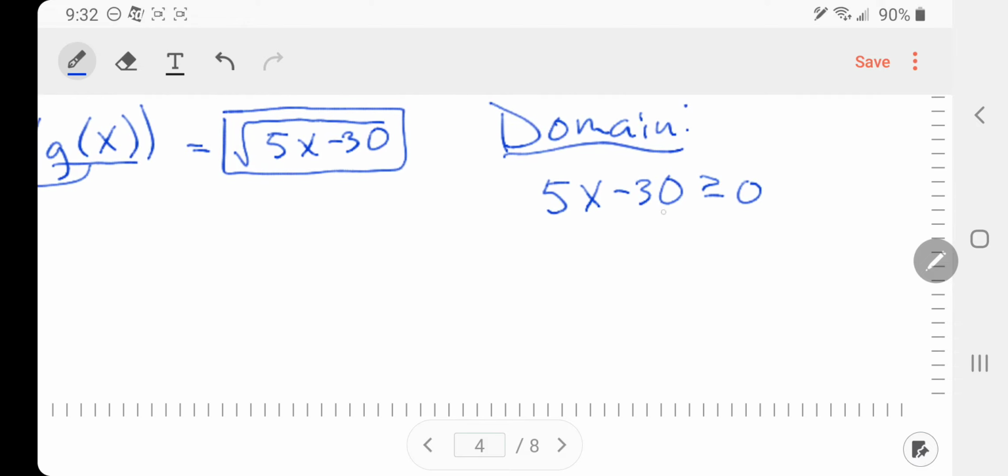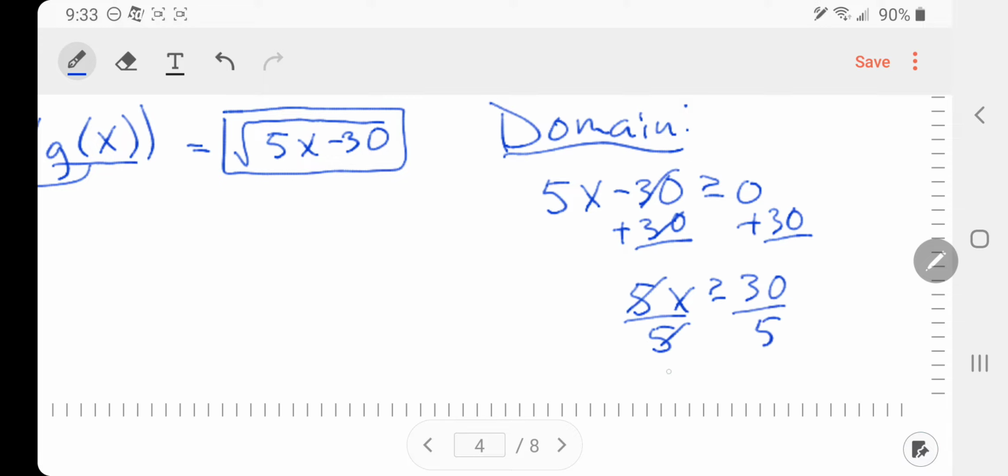And then we're going to solve that for x. So we're going to add 30 to both sides. Those cancel. 5x greater than or equal to 30. Divide by 5. And that's going to give us x is greater than or equal to 6. Now the way this is written right here, this is called the restriction.